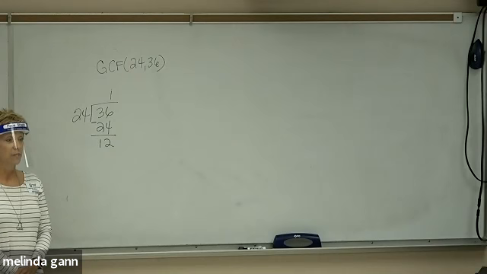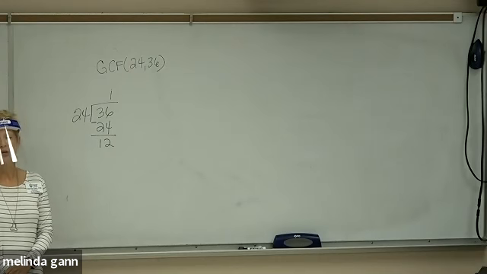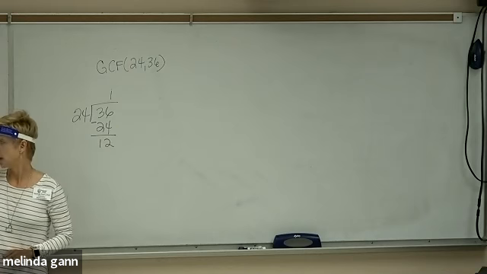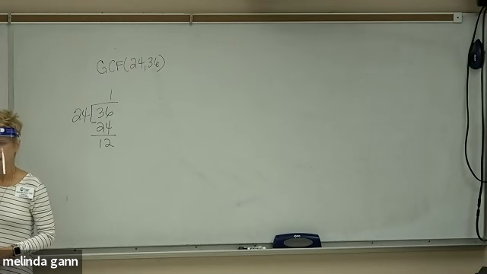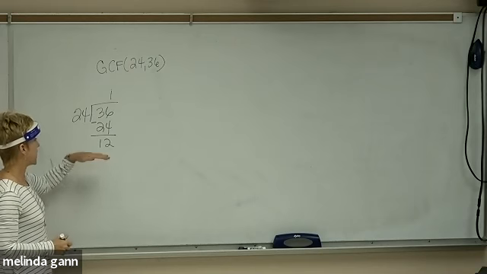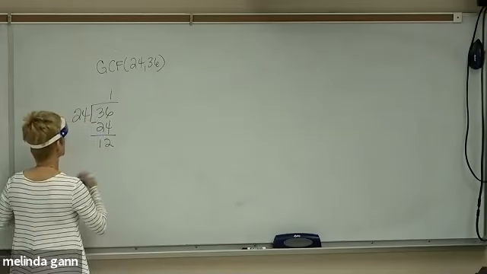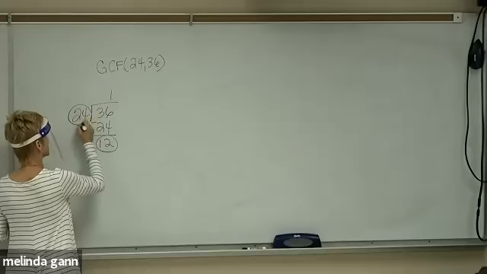Now, is my remainder 0 yet? No. So I've got to do another division problem. Which 2 numbers am I going to keep using from this point forward? The remainder and the divisor. So what's my remainder? 12. What's my divisor? So I'm always going to use the remainder and the divisor.